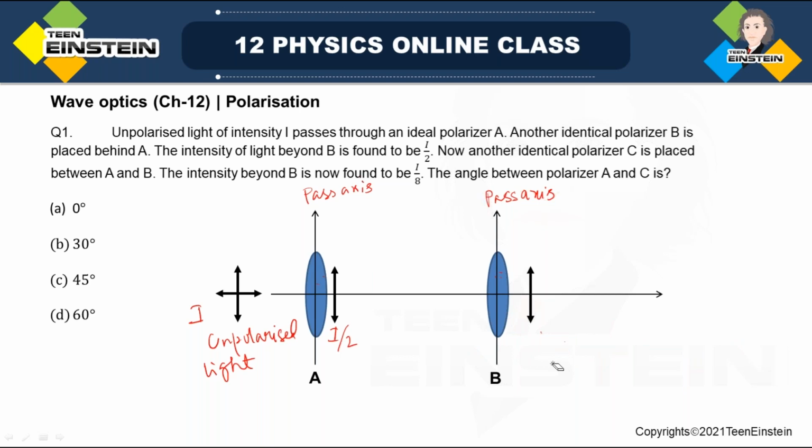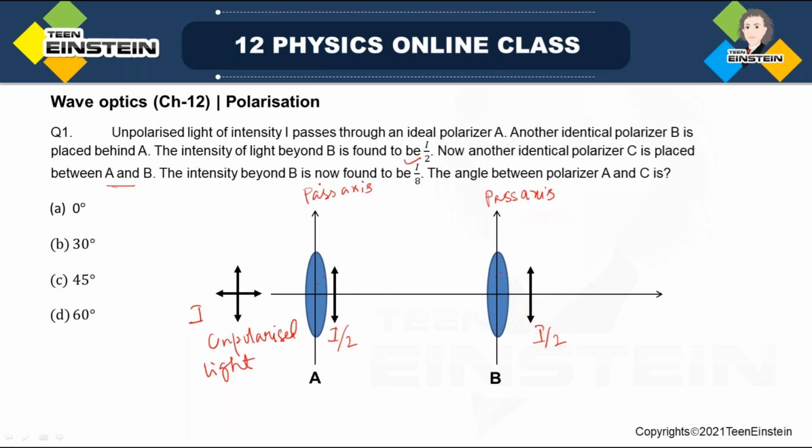So that is what is told up to here. B is kept behind A and the intensity beyond B is I by 2 because these are identical and their pass axes are also identical.